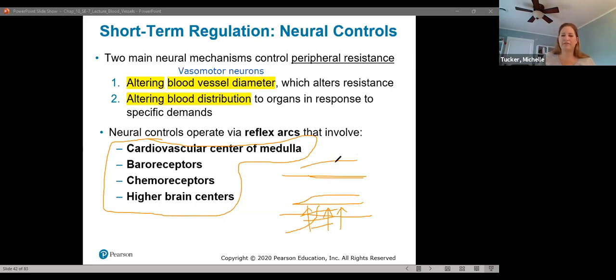So the physical control is through these vasomotor neurons. They're the ones that are actually sending the action potentials down to the blood vessels and telling them to relax or constrict more. But it's these four neural control centers or receptors that provide the input to the vasomotor neurons on how they should regulate activity.